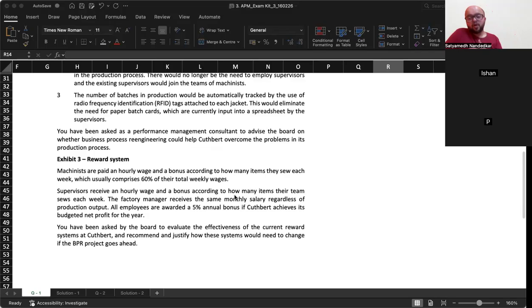So when we are talking about a new reward system under the BPR scenario, the first thing is that you are now shifting to team based bonuses. Production teams are reorganized now, so all of them will have to work together in coordination with each other. Leaving the individual bonus aside, if you bring a team based performance bonus, then all the individual employees who are doing different aspects of the process will have to work together to achieve that outcome.